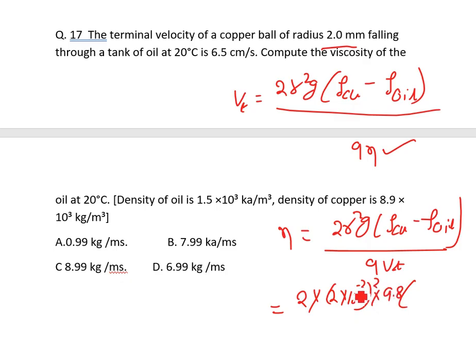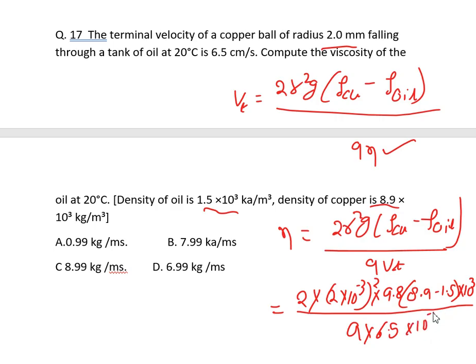Copper density is given as 8.9 and oil density as 1.5, so I write 8.9 minus 1.5 times 10 to the power 3, taken outside as common. Divided by 9 into the terminal velocity, which is given as 6.5 centimeter per second, that is 6.5 into 10 to the power minus 2 meter per second.